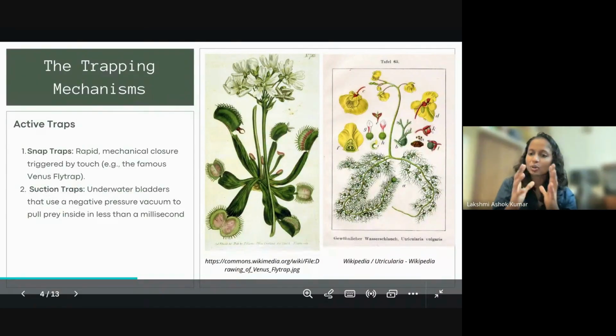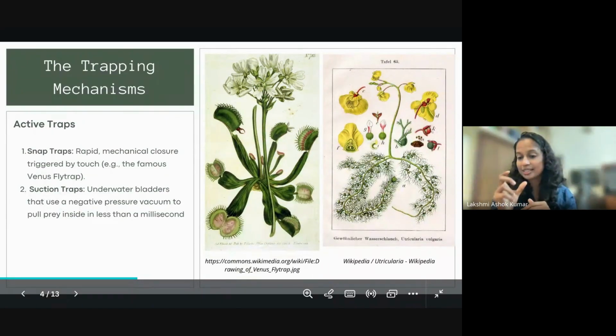So it waits. Maybe the first time it closes only very vaguely, so that the insect doesn't go out, but it is closed, but not tight. It'll wait for more triggers, and when the insect starts struggling inside, then it closes tight, like the hairs at the tip of the pads would go cross, and then it starts releasing the digestive juices.